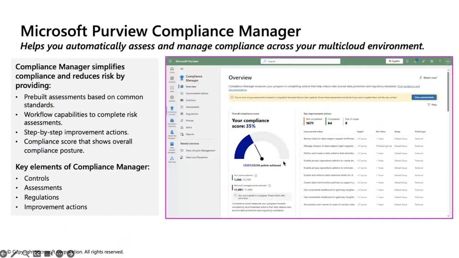But it's not mandatory to implement all of these. If we talk about PCI, the payment card industry standard, maybe out of 1,671, only 300 improvement actions are related to PCI. Or if I'm looking for GDPR, maybe only 500 activities are related to GDPR.